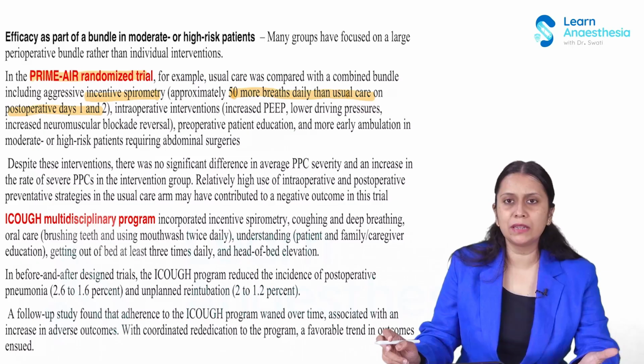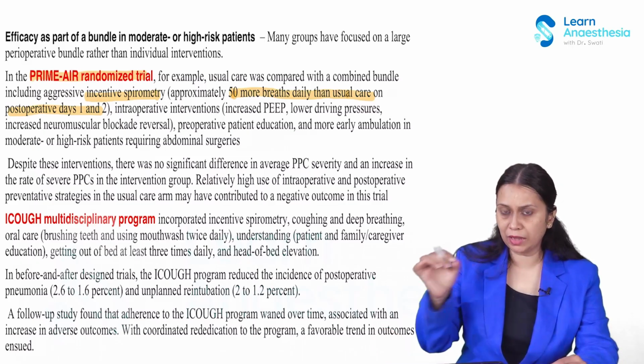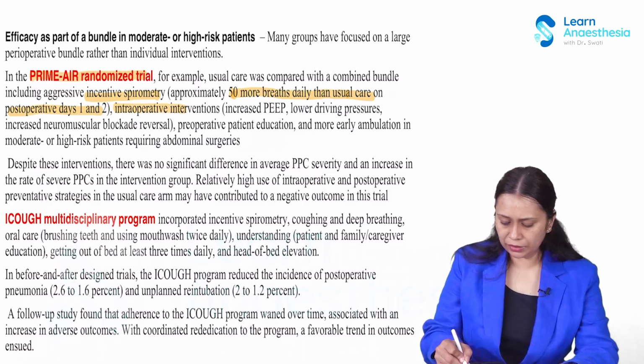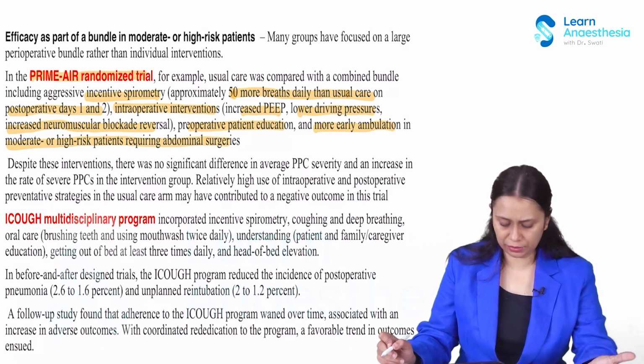The word is aggressive. Intraoperative interventions like increased PEEP, low driving pressure, increased neuromuscular blockade reversal, pre-op patient education, and more early ambulation in moderate or high risk patients requiring abdominal surgery, compared to the routine practice.